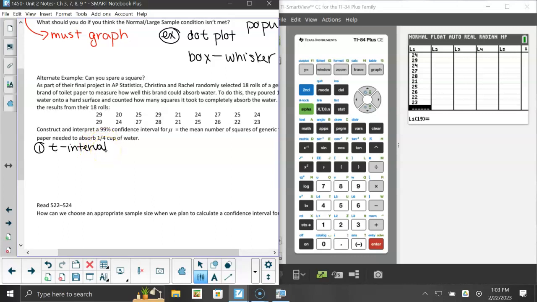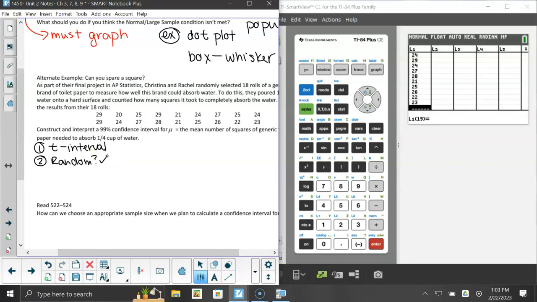Step 2 is the plan step. That's where we need to go through and check everything. So was it random? They said it was random. This is what test I'm going to run in the calculator. What were the other 2 checks from yesterday?